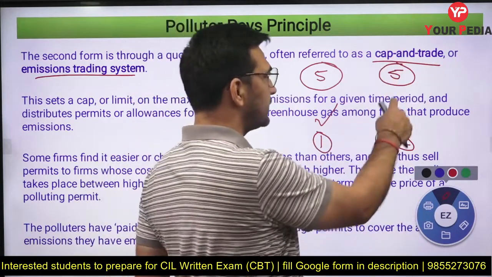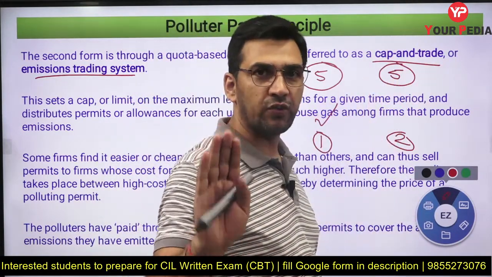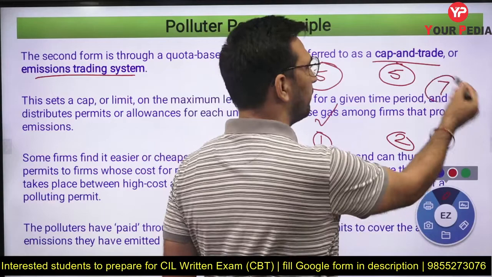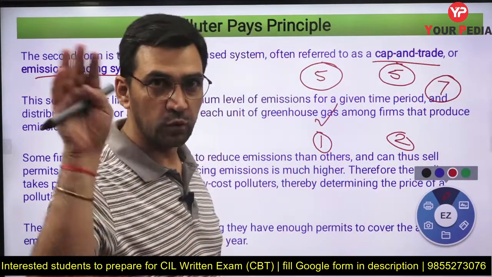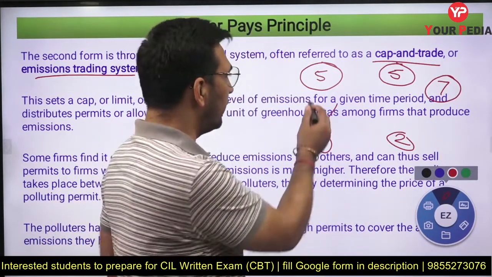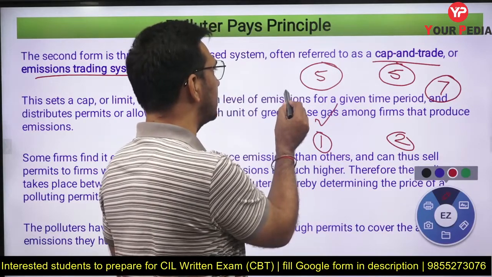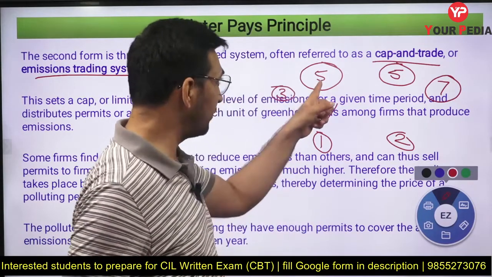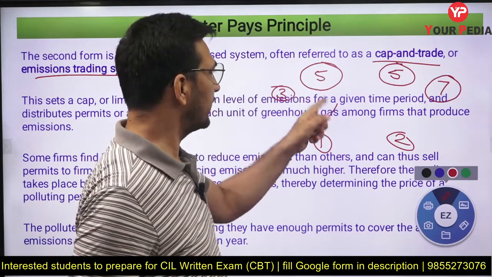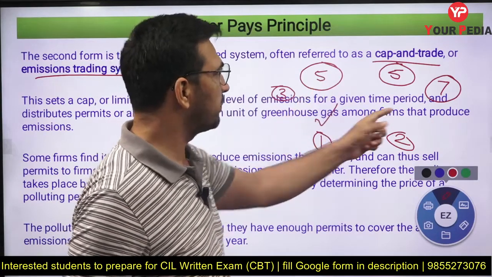So let us say even though they have been given the target of 5, one is able to reduce by 7 units of greenhouse gas emissions, whereas the other is only able to reduce by 3.